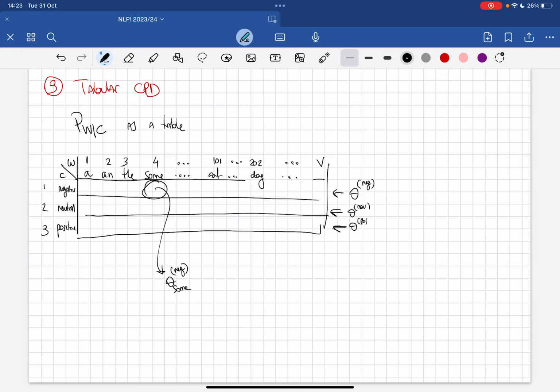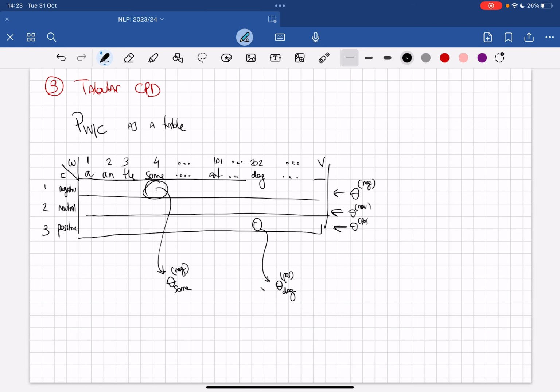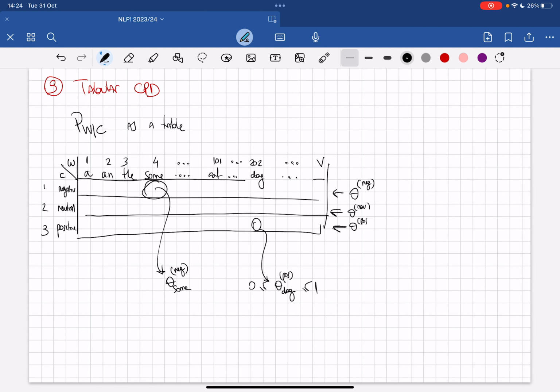Right, and then here you have theta positive, outcome dog. Right, and what we know about these numbers, well, they are all between 0 and 1. And if you were to sum any one row, you would obtain a total of 1. And they add up to 1 row-wise in this representation.